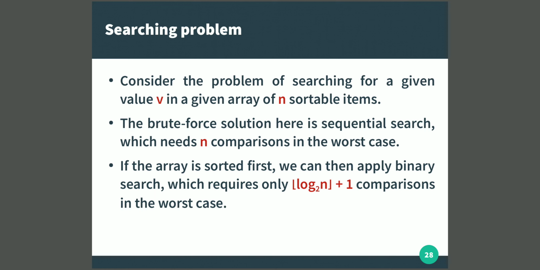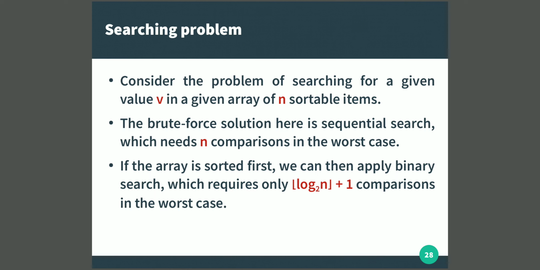I proceed till either I find a match or I have reached the end. So in the worst case, this brute force searching problem will require n comparisons. This will occur if the element that I am searching for is the last element or is not present in the array, in which case I end up making n comparisons.